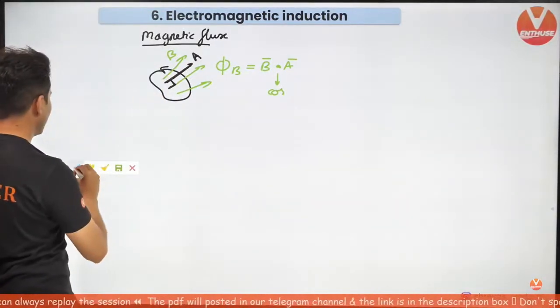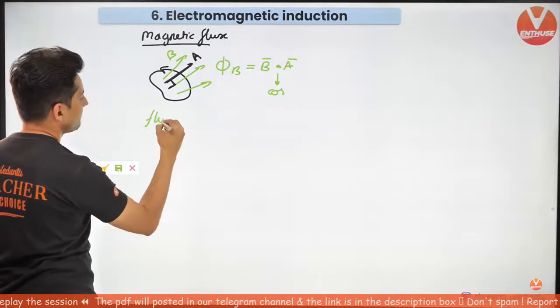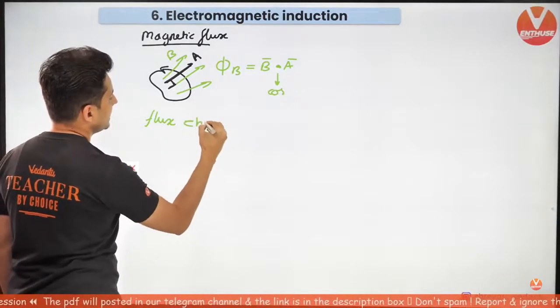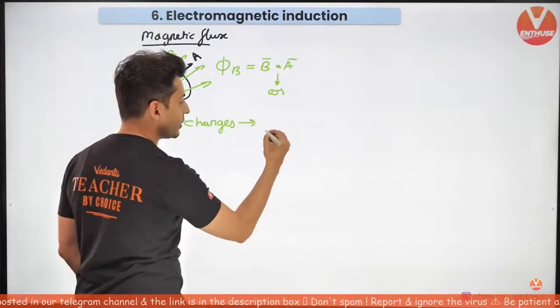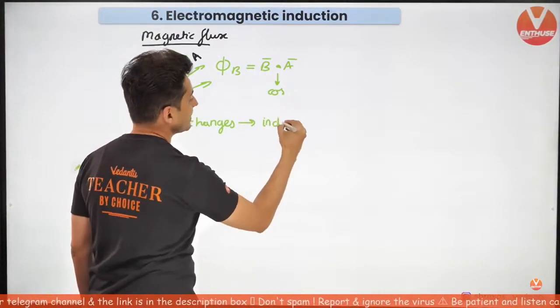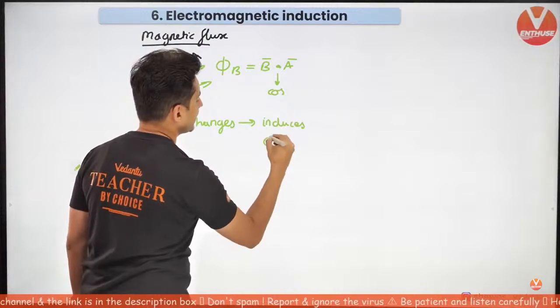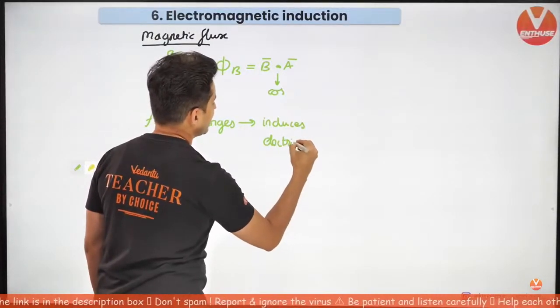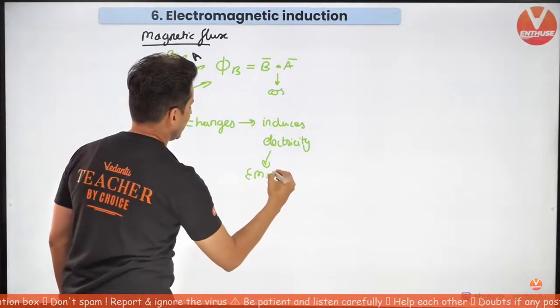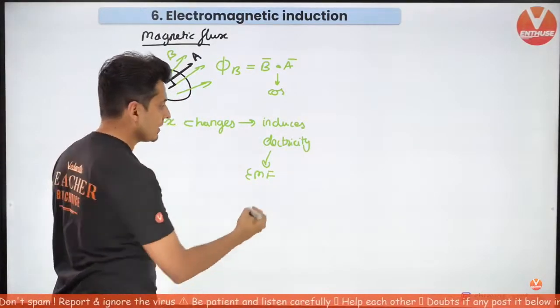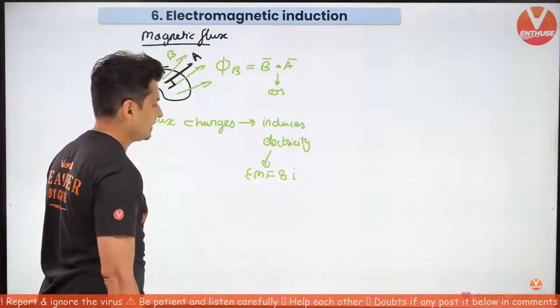Now if the flux changes, what does it do? That change in flux produces or induces electricity, and when you say electricity, obviously there will be EMF, and if there is some resistance given, you can also find some current.